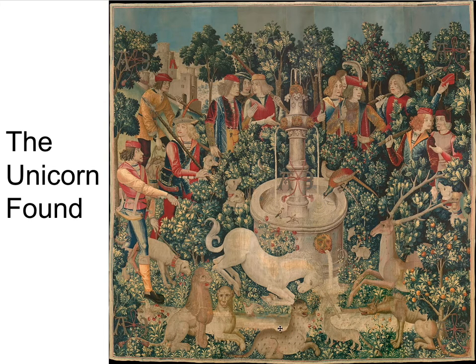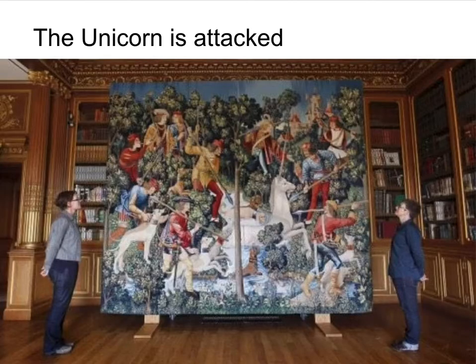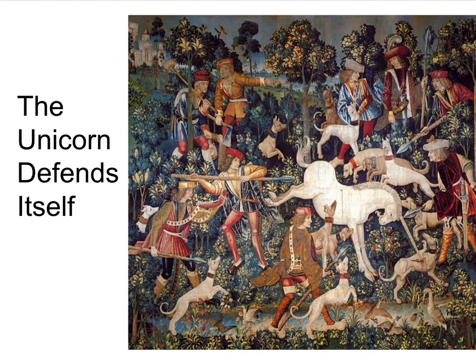Okay, let's see what happens next. The unicorn is attacked. So here we have the hunters coming out from behind the bushes and stabbing their spears at the unicorn. And the unicorn jumps out of the river. In the next tapestry, the unicorn is shown defending itself.